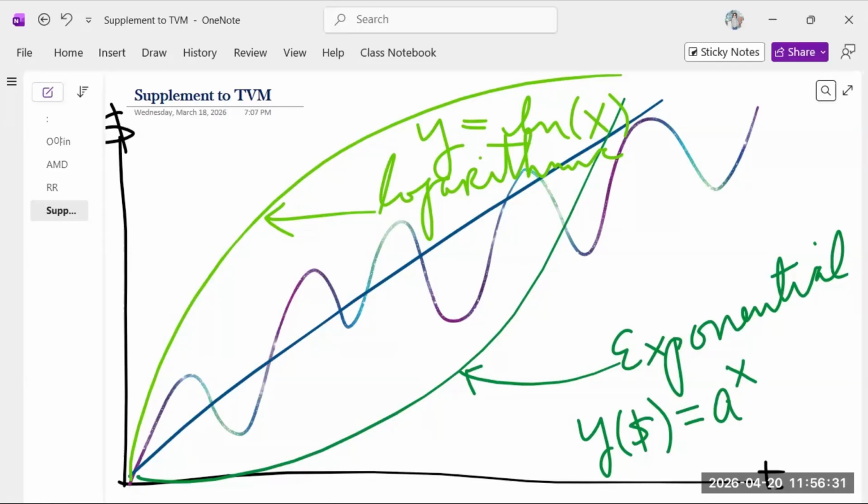Of course, in reality it doesn't happen this neatly. It doesn't show these neat patterns.